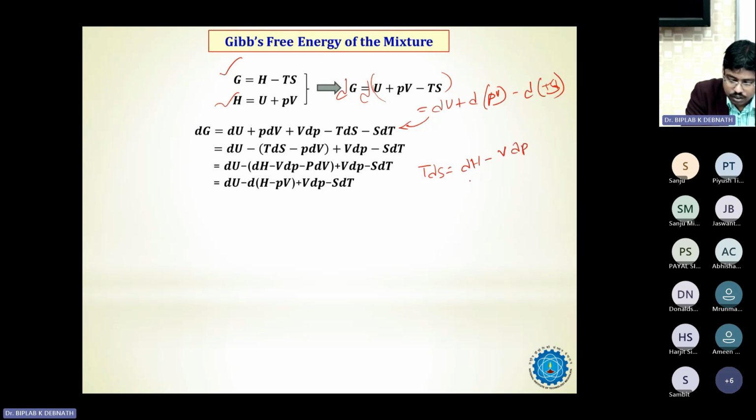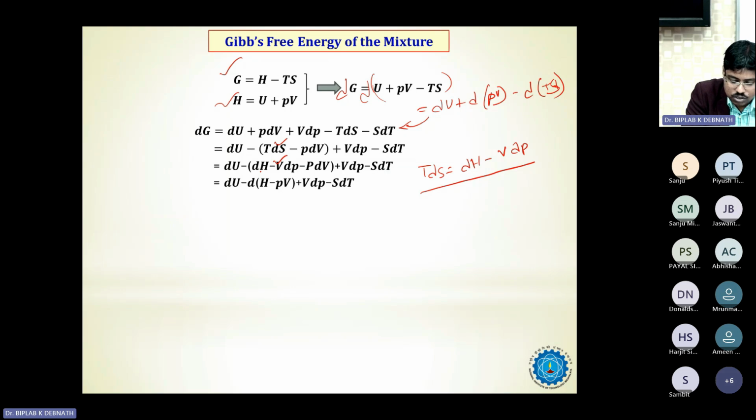Yes, correct, VdP. So this equation we are putting in this particular place. In place of TdS we are writing this. So we get dH minus VdP minus PdV plus VdP minus SdT.